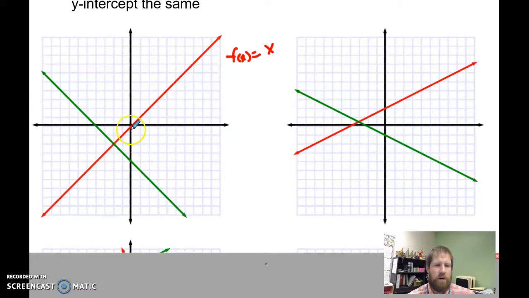It's 4 lower than my original. So one of the things I could have done is a translation down 4. That could have been my first step. If I did that, my line would still have the same slope. It would just have this as my y-intercept, so it would look something like that.